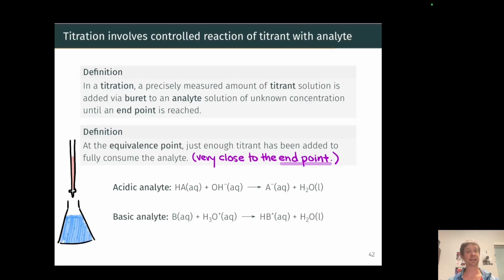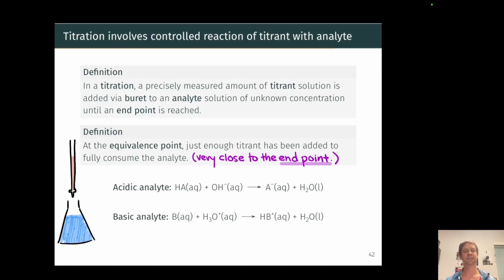If the analyte is a base, we would put an acidic solution in the burette and drip it in such that H3O+ reacts with B to form HB+ and H2O. And the idea, again, is that as soon as we've added just enough H3O+ to use up all the B, a color change is observed at the end point.